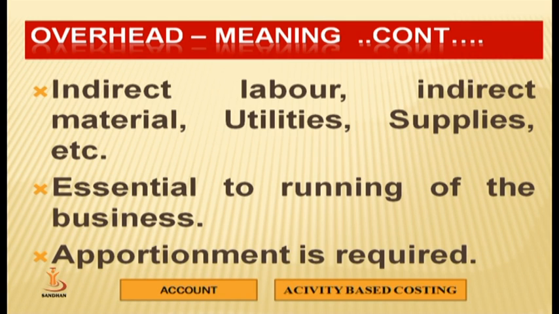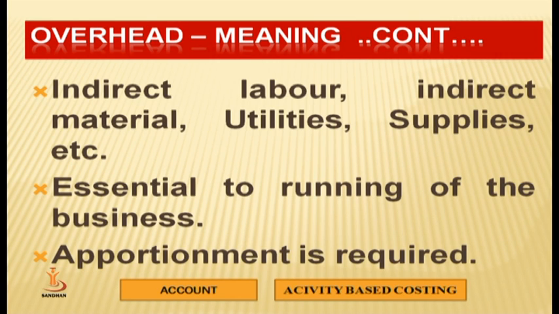As these are indirect in nature and not directly traceable to the cost of a unit, as I told you, a proper allocation is required, and the proper allocation base is to be chosen according to the nature of the activity.